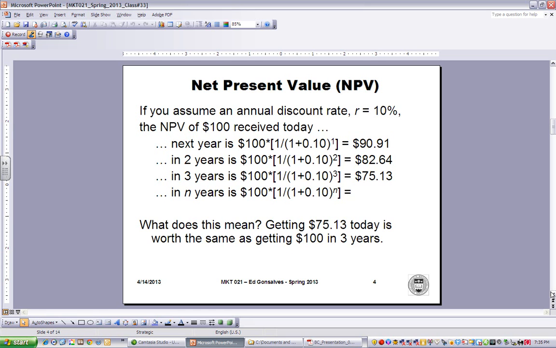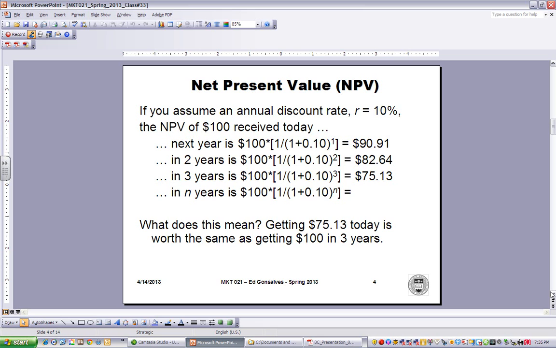And the net present value of $100 today means that if you were to look out X amount of years, let's say 3 years in the case of this scenario, you get $75.13 today, and that's worth the same amount as getting $100 in 3 years, or $7.51 versus $10 and so on, or 75 cents versus a dollar.